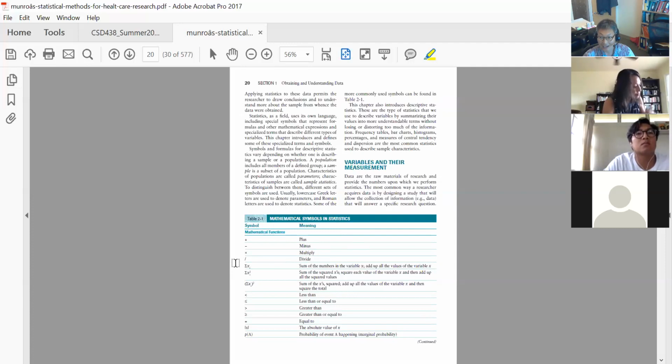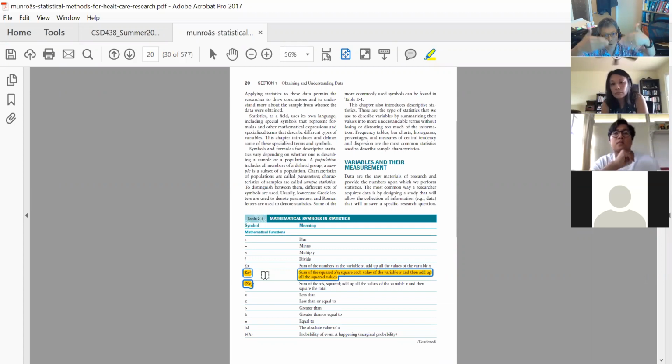But you should know the distinction between the summation of xi squared and the summation of xi, then squared, right? For the summation of xi squared, in general, I square each entry and then sum. But for the summation of xi and then squared, that means I sum up all the xi's, and then the quantity should be squared, right?